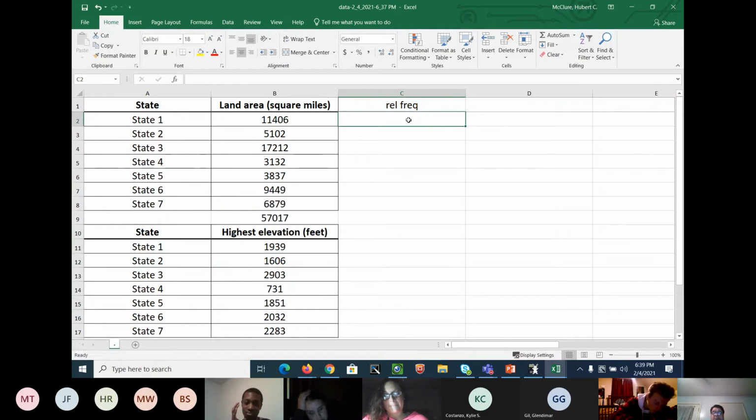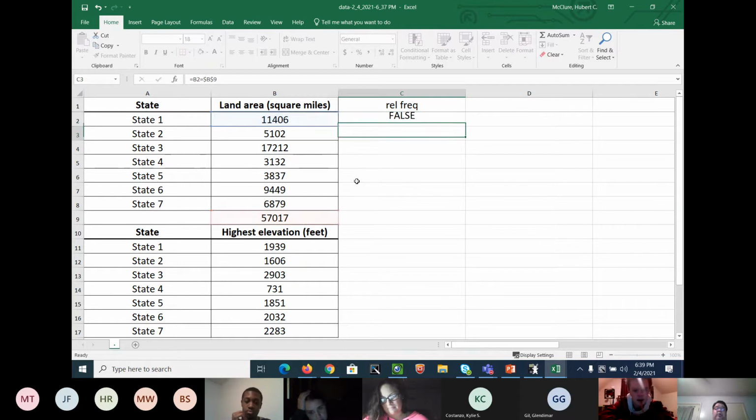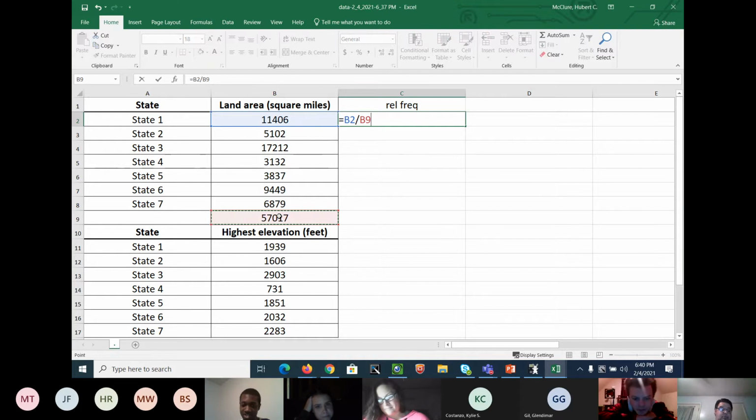All right, relative frequency is going to be equal to this divided by this. And function F4 and copy. No, I don't think so. This divided by this, alternate F4, and enter.